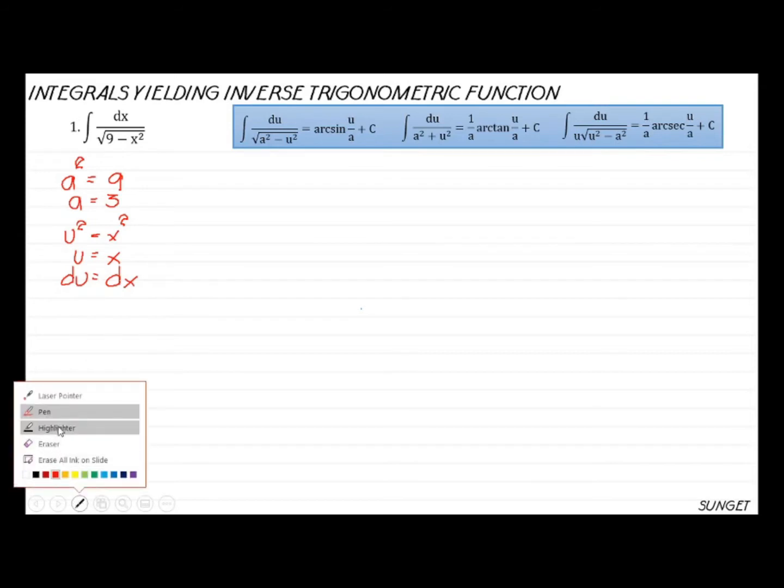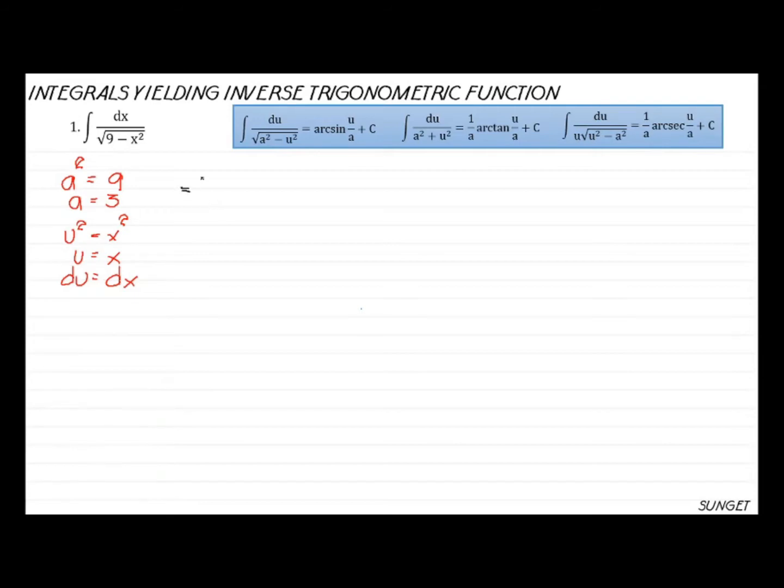Next, by substitution, we have the integral of dx, that is du, over the square root of a squared, which is 9, minus x squared, that is u squared. To integrate, we're going to use the first formula, which is the arcsin.